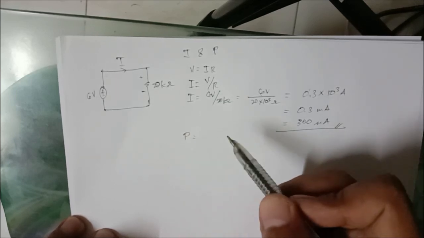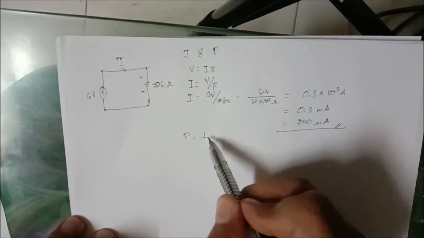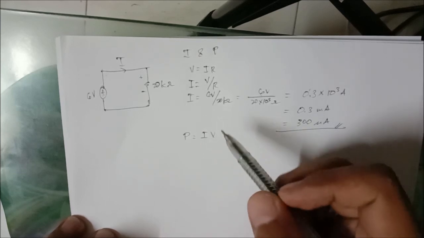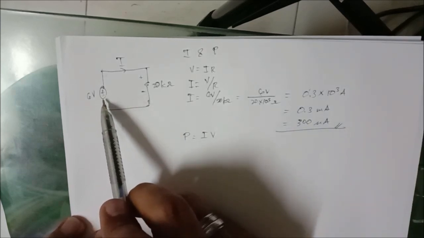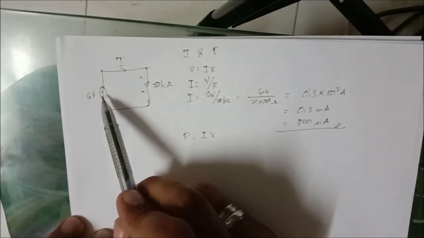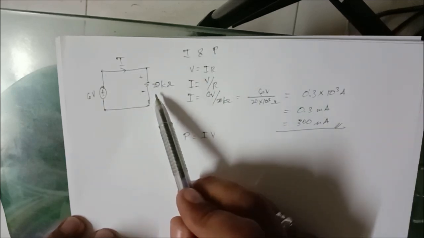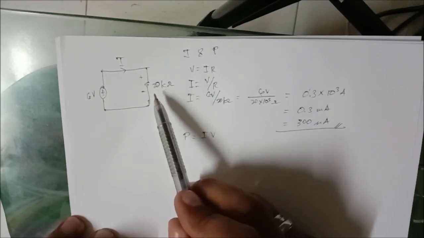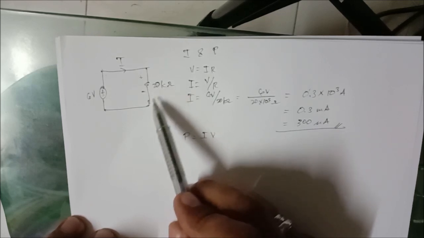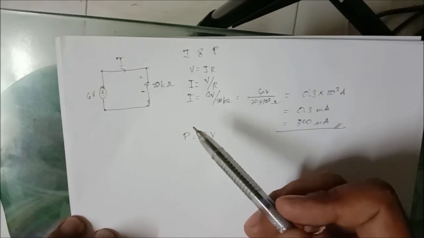Kasunod nating isosolve ay yung power naman. Power is equivalent to I times voltage. So dito, kapag nandito yung power na sosolve natin, power supplied siya. So ibig sabihin, nag-supply siya ng power. Dito naman, pag kukunin natin yung power dito, ibig sabihin, power absorb, kasi nag-absorb ng power yung 20 kilo ohms.